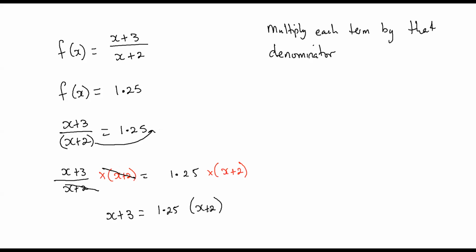Now remember, to make x the subject, we got to get x on the side by itself. But we have two x's, one in prison and one outside, so you have to free the one in prison. To get rid of the brackets, everything outside multiplies everything inside the bracket. You have x plus 3 is equal to 1.25x plus 2.5.